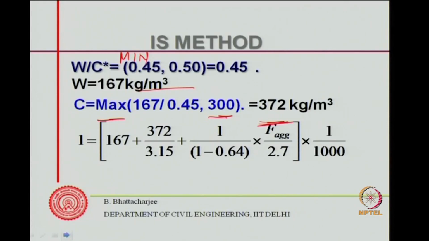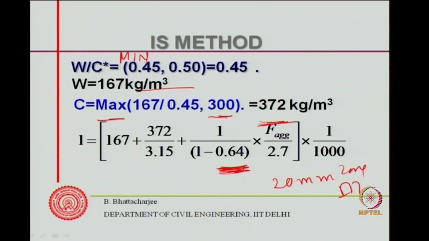Now, based on this 372, I can find out, because we have chosen this as 0.64, because for 20 mm zone 3 sand, we got coarse aggregate in the total aggregate as 0.64. So, fine aggregate will be 1 minus 0.64.